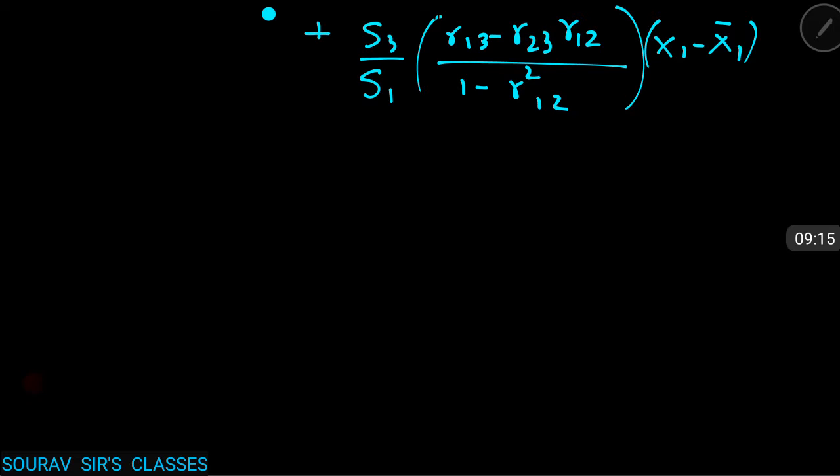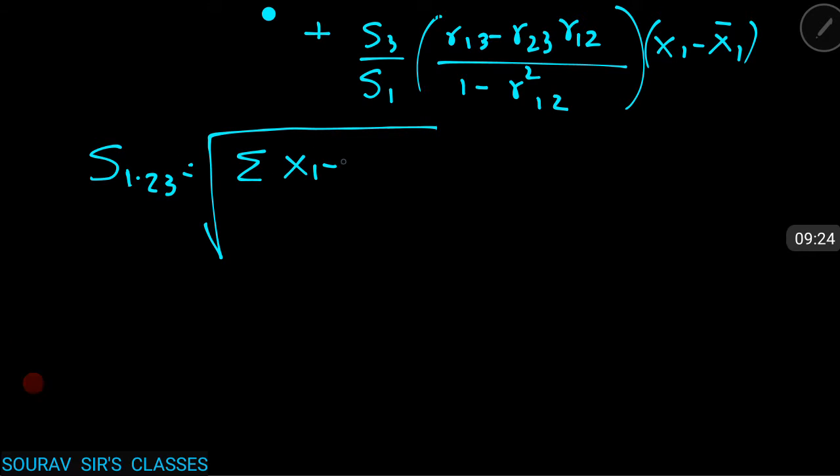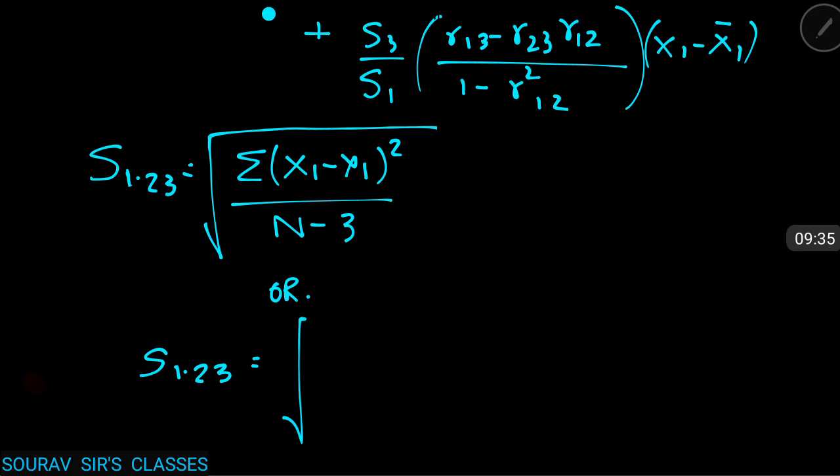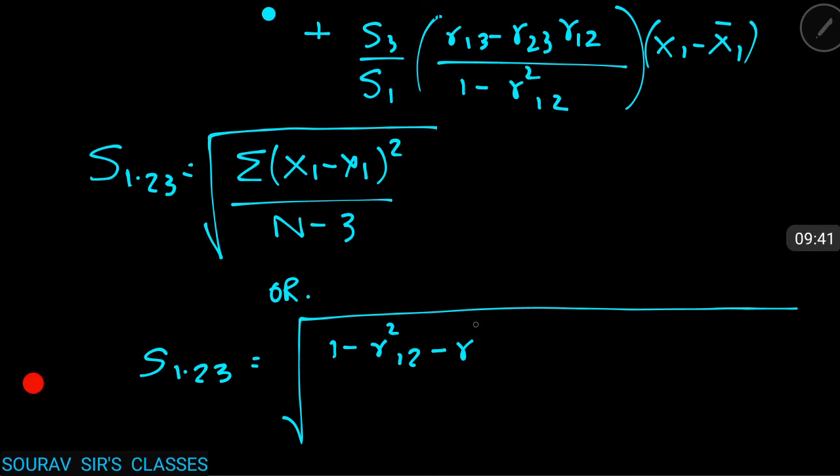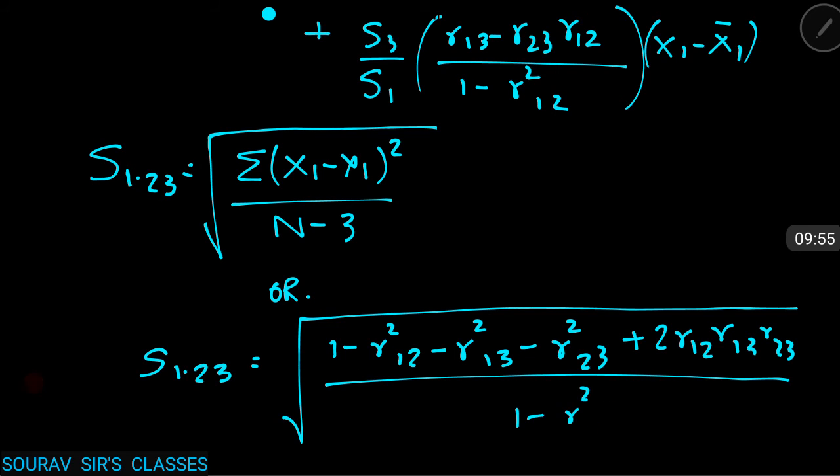And the standard error of estimate s1.23 is equal to root under summation x1 minus y1 whole square divided by n minus 3, or s1.23 is equal to root under 1 minus r square 12 minus r square 13 minus r square 23 plus 2 r12 r13 r23 divided by 1 minus r square 23.